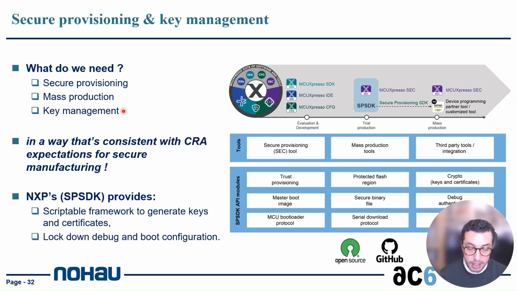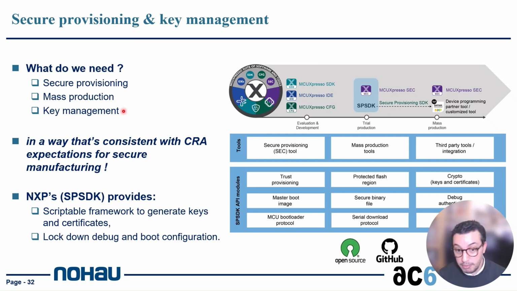Of course, we are not going to start from scratch, and all this must be done in a way that matches the CRA expectations for secure manufacturing, meaning that we need to protect the root of trust from the very first unit coming out of the line.